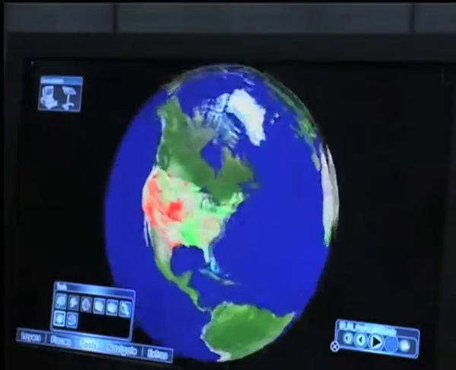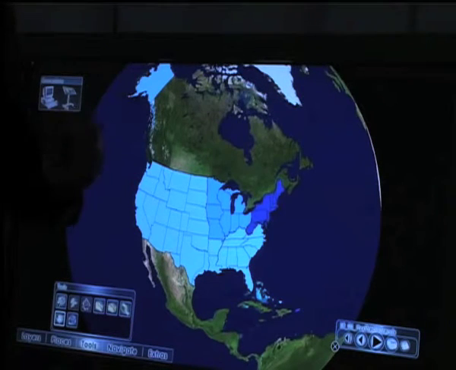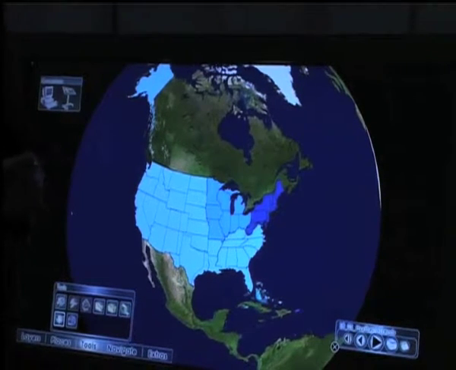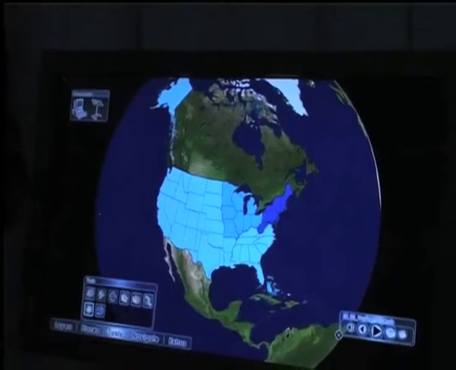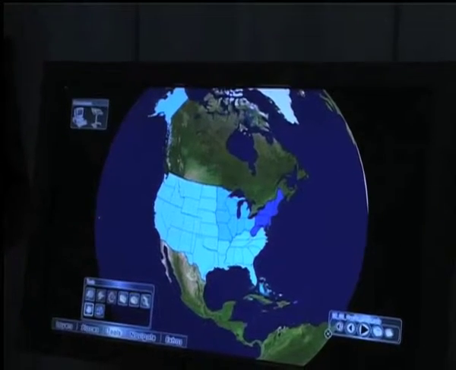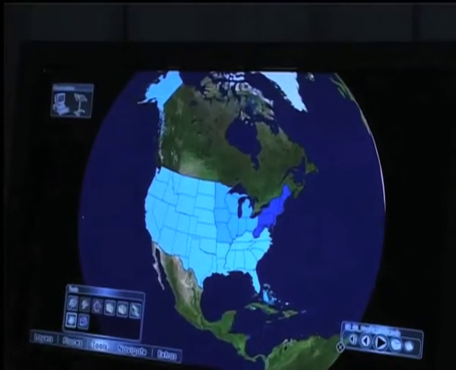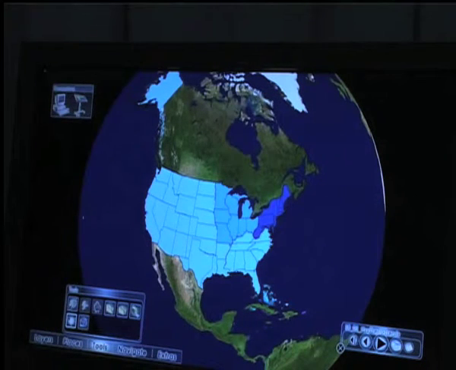So the other thing that we're seeing in the changing climate is precipitation trends. What's happening is that we're seeing more rain falling in heavier downpours, which actually means more flood potential. That's what this particular image is showing. It's showing the increase in the number of days with heavy precipitation between 1958 and 2007.